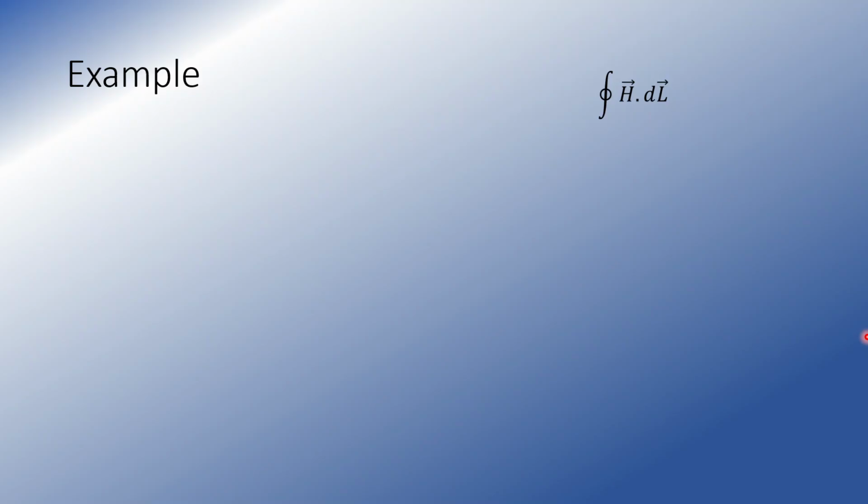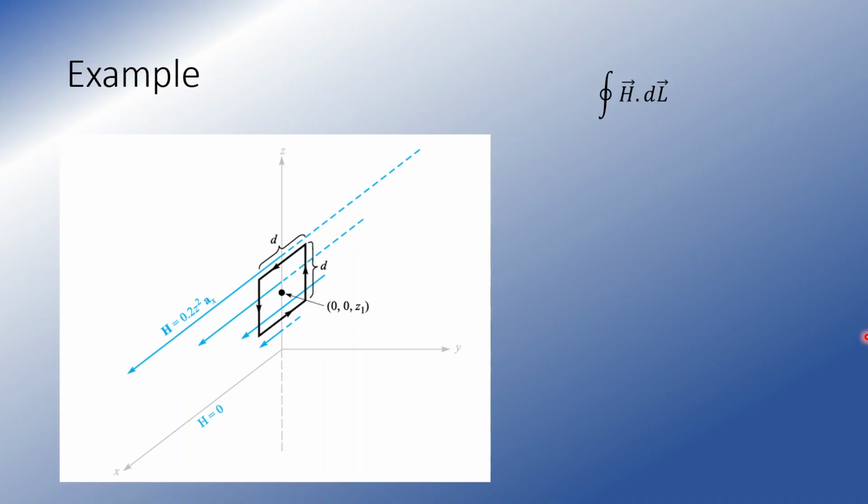Let us try to understand this example, how complicated it is to find H dot dl by the traditional method and how easy it is by using curl. What we are trying to do in this example: there is a magnetic field vector H, which is defined as 0.2 z square in the direction ax.